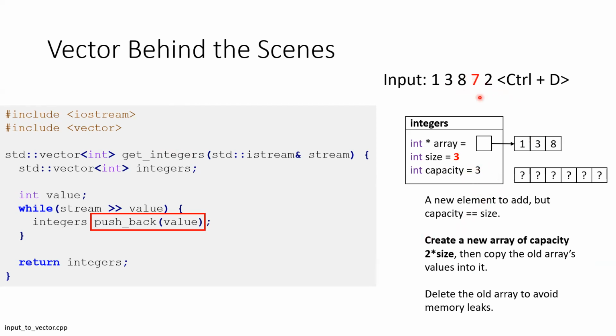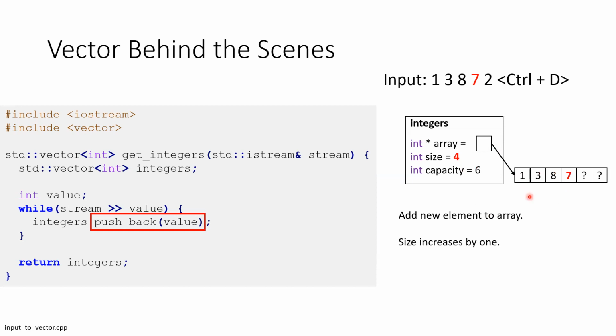So what vectors will do is create a new array of capacity 2 times size and copy over what initially was in here. So it will create a new capacity of 6, and it will copy over the 1, 3, and 8. Then it will delete the old array to avoid memory leaks. And now you have a new array of capacity 6.